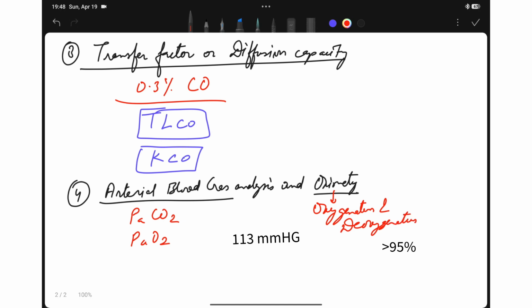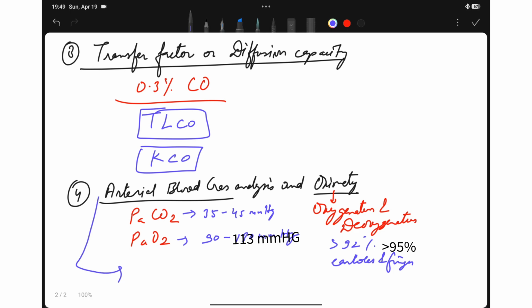Generally, it is more than 92%, done through a pulse oximeter by placing it on your fingers and earlobes. The PCO2 value is 35 to 45 mm of Hg, and the PO2 is 90 to 130 mm of Hg. What does this mean?